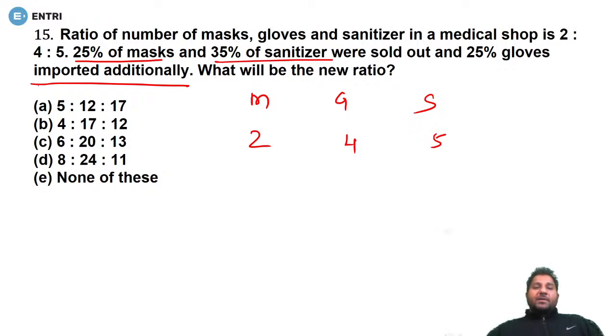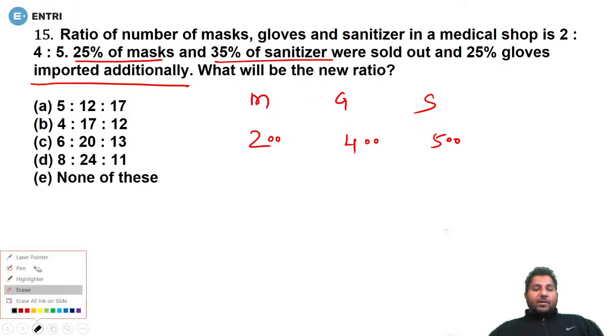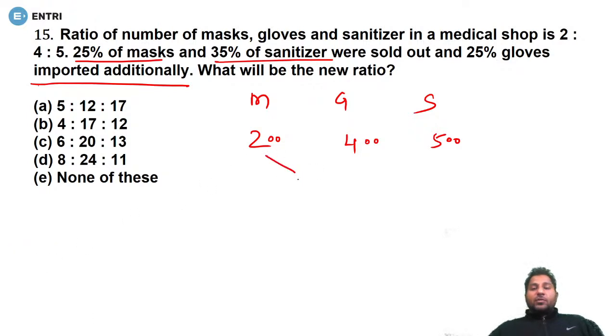Let's say that the masks were 200, gloves were 400 and sanitizers were 500. If 25% of masks sold out, that means 1/4 sold out, so 40 sold out and 160 have been left.